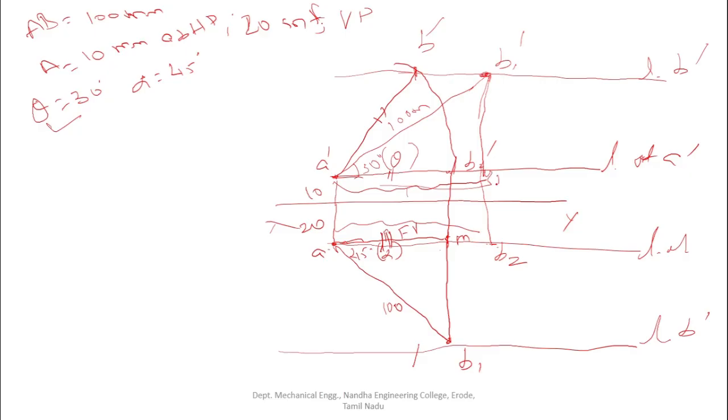Say this is the point n. A dash n is equal to AB2. Both are equal to the top view length. So take the center as A, radius as AB2 and make one arc till it intersects the locus of B. Now that point gives the final top view of point B. So this is the final top view.